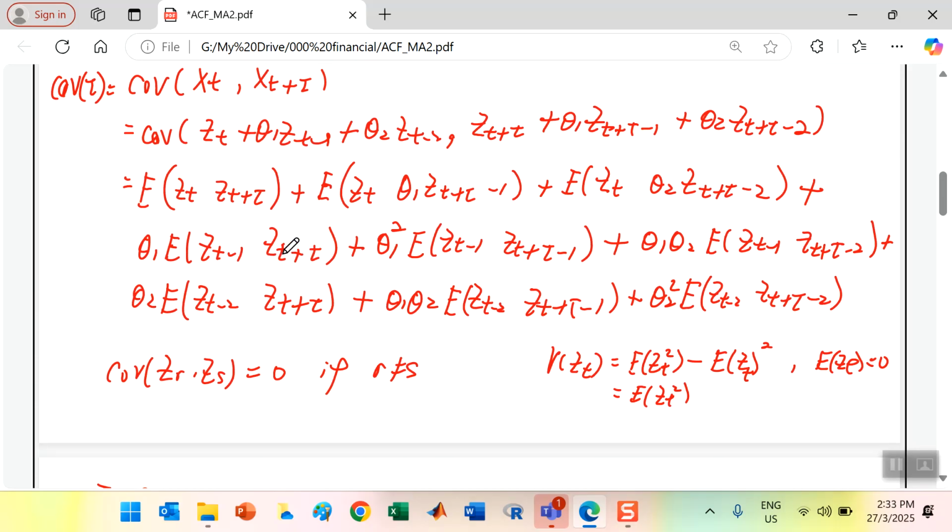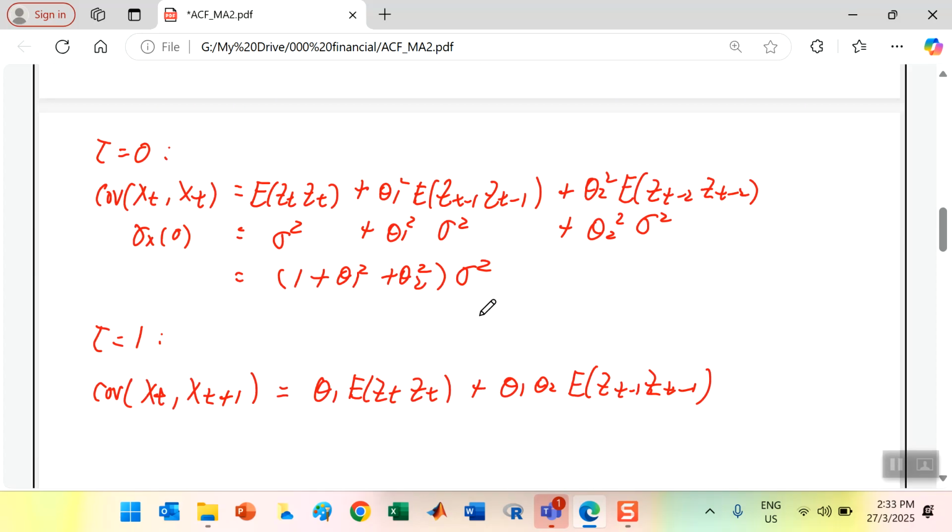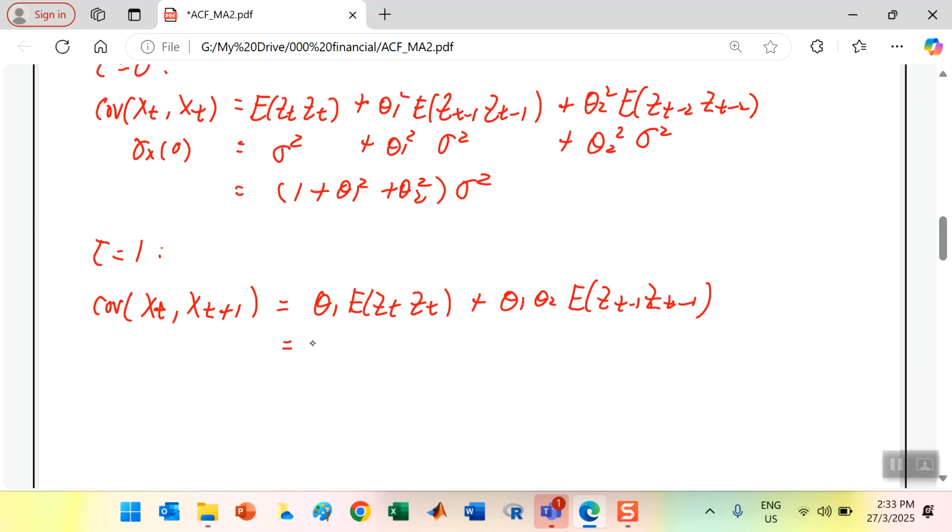The rest of it are basically all 0. This is plus 1, so the lag of 2. So these will be the only terms. You have theta 1 sigma squared plus theta 1 theta 2 sigma squared.